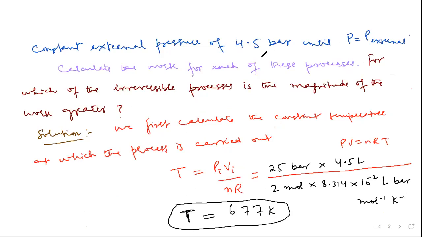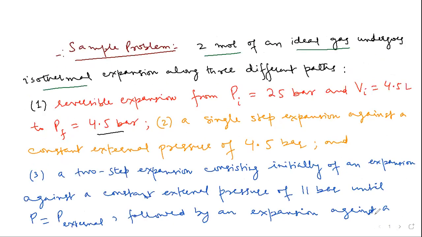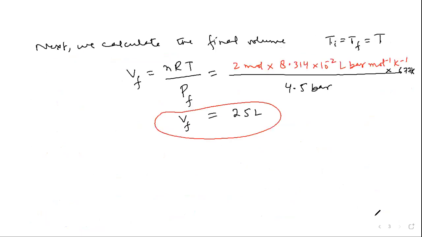So at 4.5 bar pressure, we know the volume, but we want to find the volume of this gas for this two-step expansion at 11 bar pressure. That means intermediate volume, right? So if we find that.